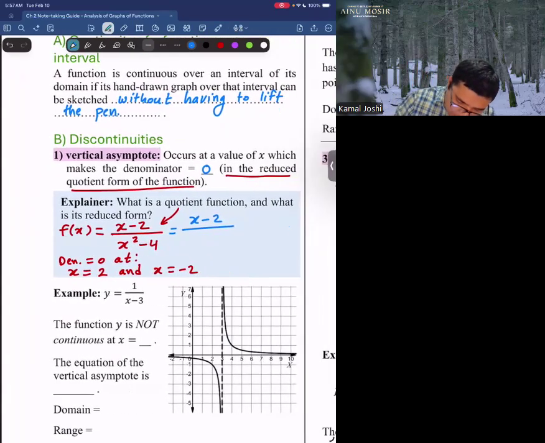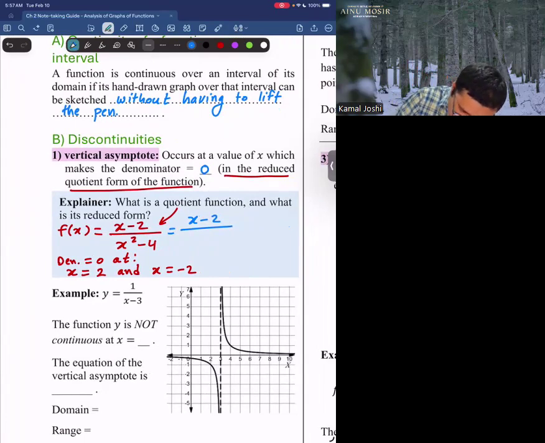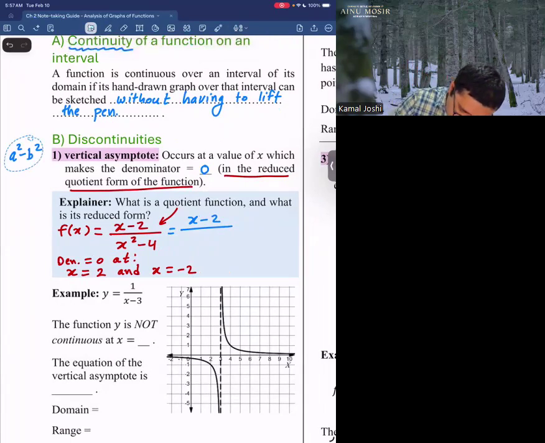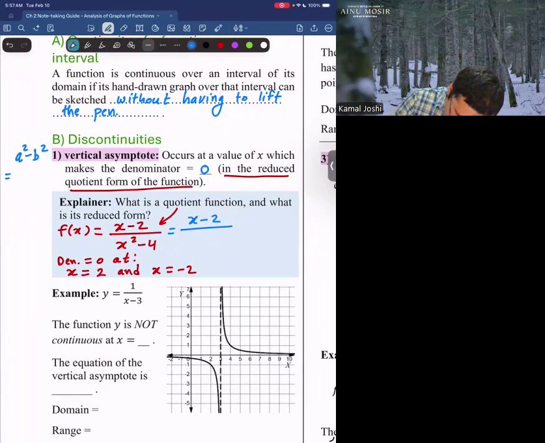Some of you might not remember it, so I'm going to write it on the right side here. The factoring formula: a square minus b square can be factored as a plus b times a minus b.